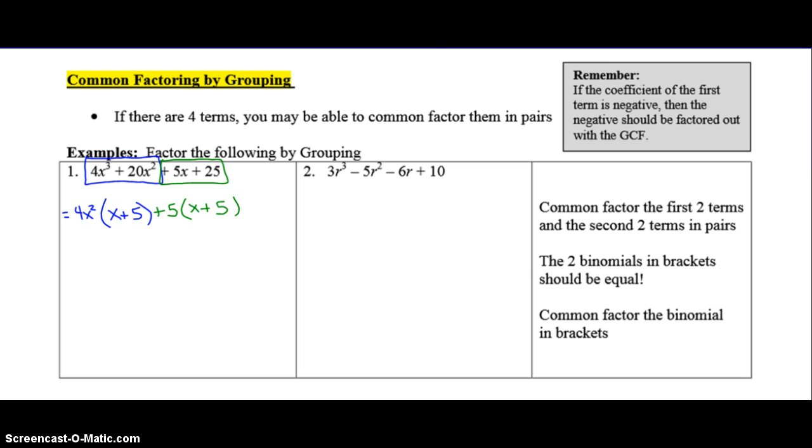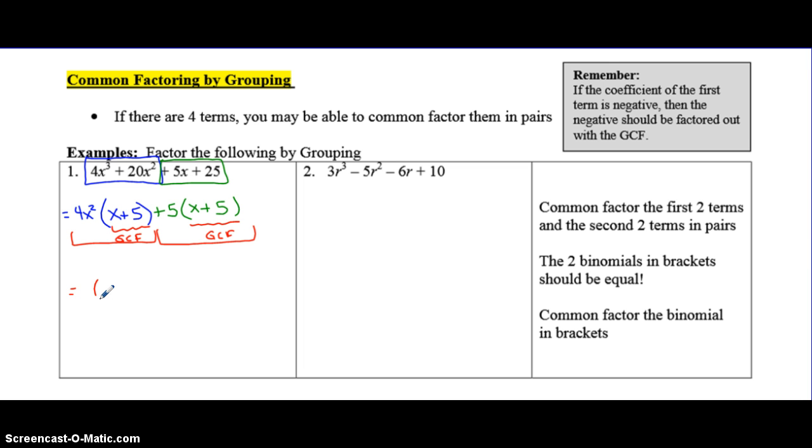Now, the 2 binomials that you get, so this binomial and this binomial, should always be equal. If they are not equal, it means that you haven't done the common factoring correct. Now, that means out of this part and this part, the x plus 5 is the greatest common factor.